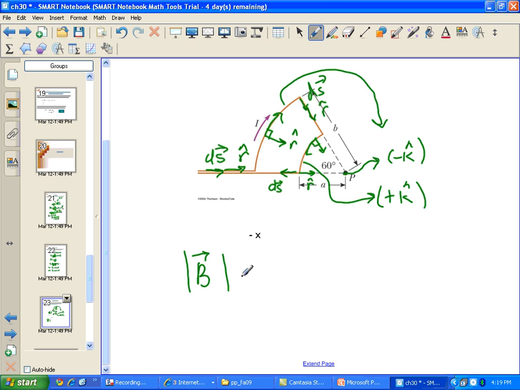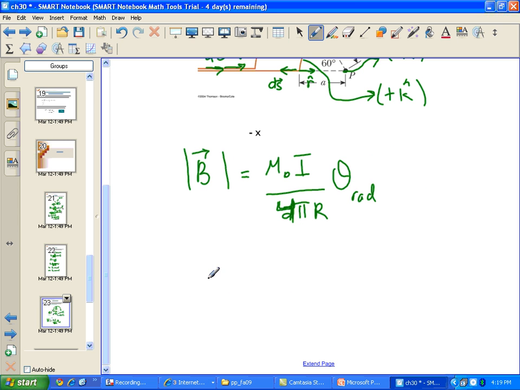First of all, the magnitude here is mu naught I over 4 pi R, R being the radius of the arc, times theta in radians. So let's go for the outer arc.